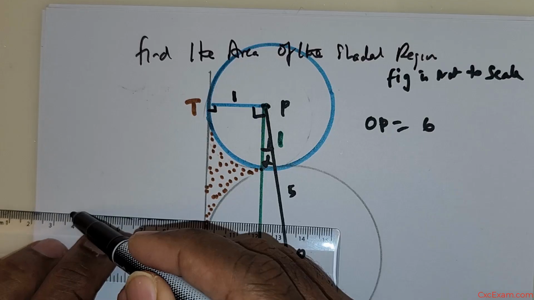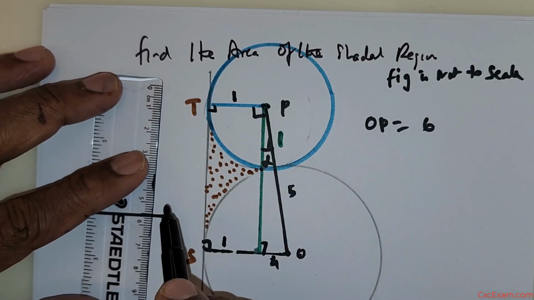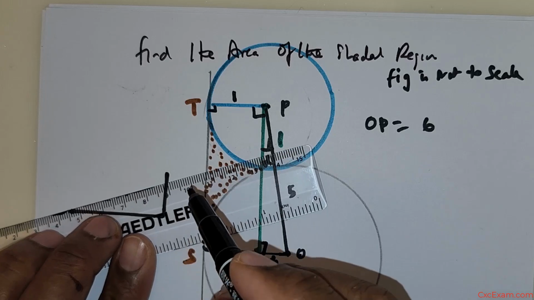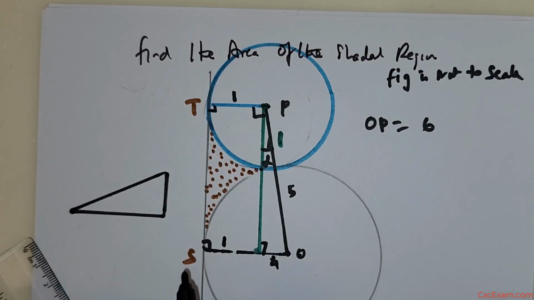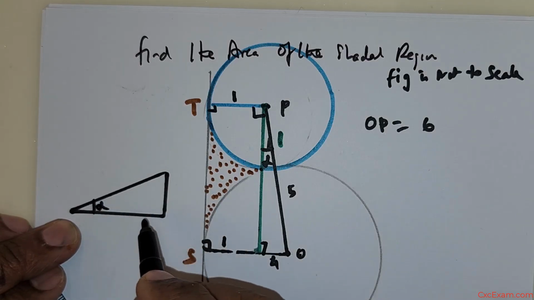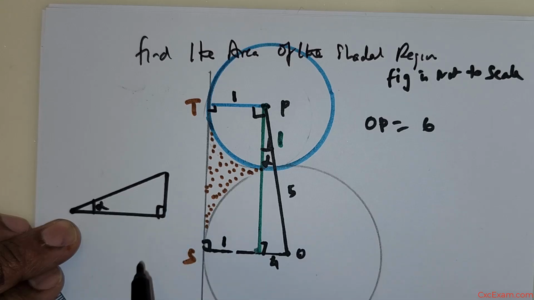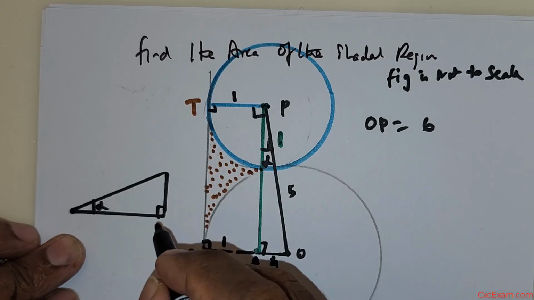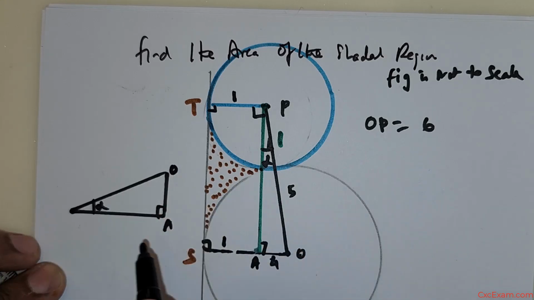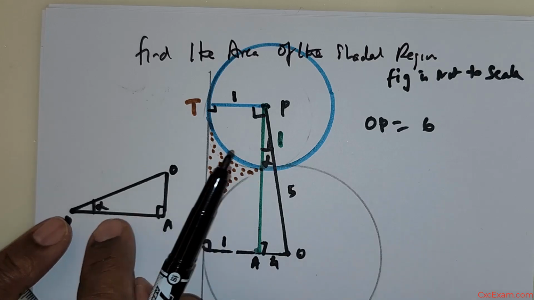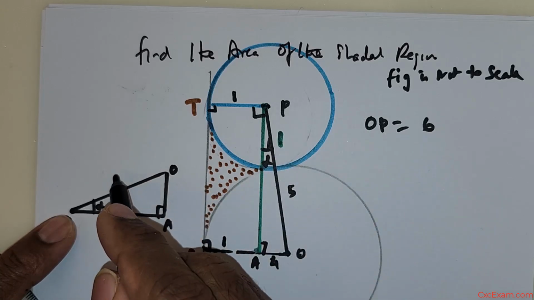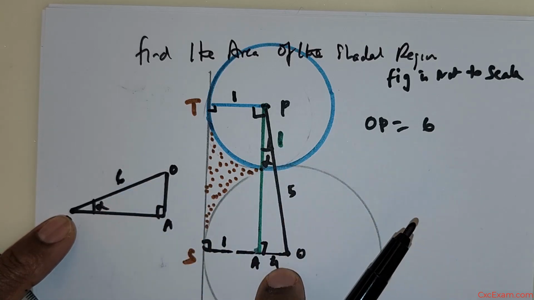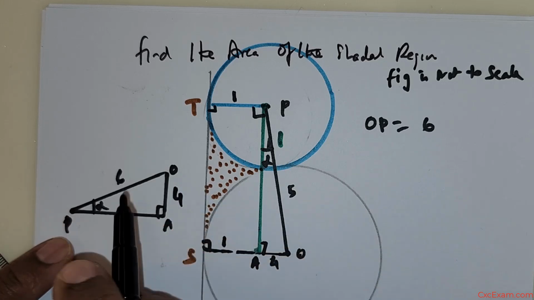So if I were to draw this in this fashion, this is exactly how the angle is going to be looking. So this angle is alpha, this angle is 90, and let me take this as some A. This is A and this is O and this is P, and this entire length is 5 plus 1, which is 6 units, and this length is 4 units. We need alpha.